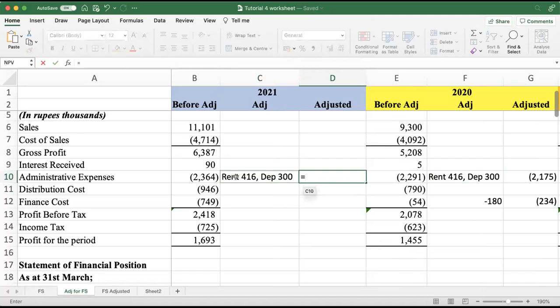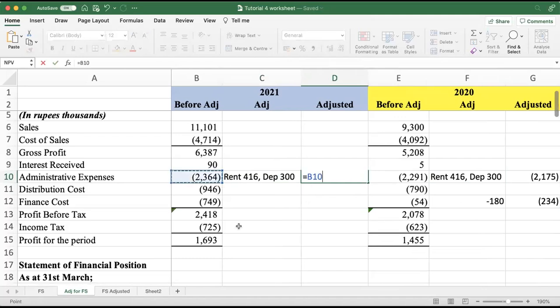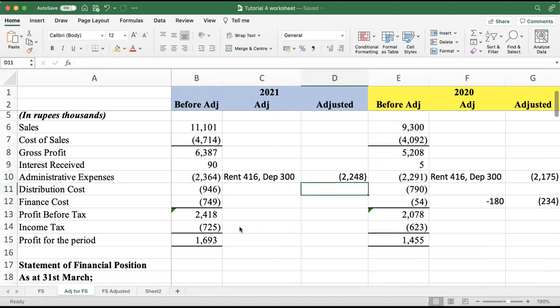Then how much adjusted value? 2,364 minus lease rental plus depreciation. You get the adjusted administrative expenses.